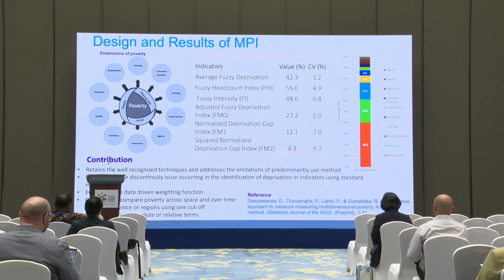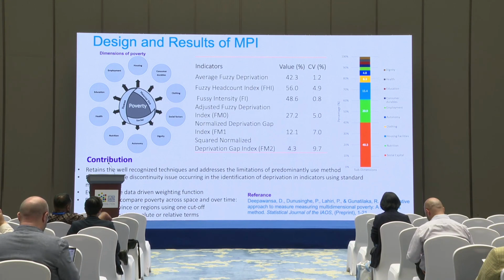Further, it can be used to govern policy coordination across regions. These indices can be broken down by sub-regional level, and it can be used to compare poverty composition across regions or districts or sub-regional levels. Further, these indices can be used to track changes in overall poverty and each dimension and indicator independently.